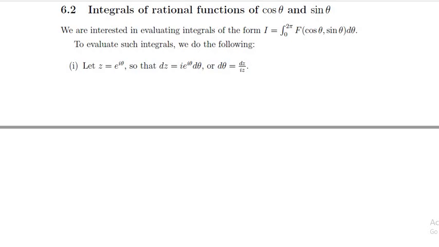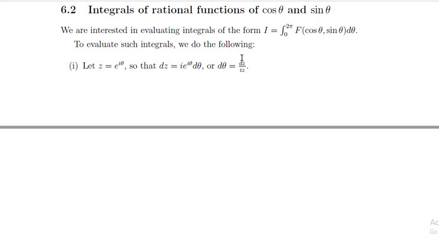Now we can consider the first case, that is evaluation of real integrals of the form integral 0 to 2 pi f of cos theta, sin theta d theta, where f is a rational function of cos theta and sin theta.